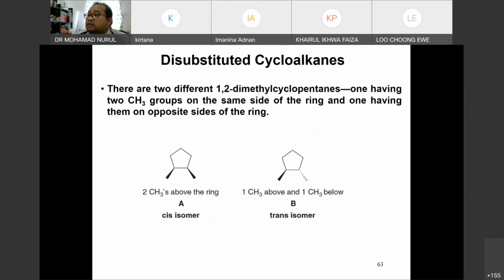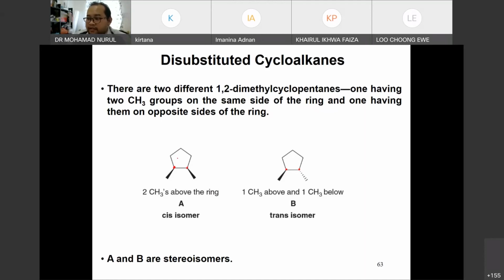For disubstituted cycloalkanes, there are two different cases. In 1,2-dimethylcyclopentane, one isomer has the two CH3 groups on the same side, and the other has them on opposite sides. In this case, we are dealing with isomers. One we call the cis isomer, and the other we call the trans isomer, because the position of the CH3 is different.